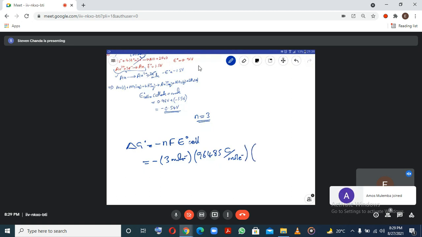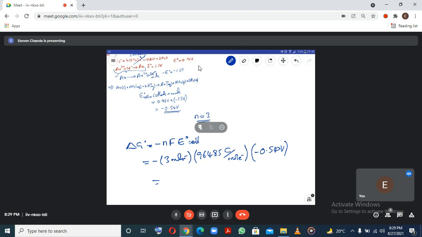Then what is the E cell? The E cell is negative 0.54 volts. So here we are going to get a positive value. Let me do the calculation: 96485 times 3 times 0.54.